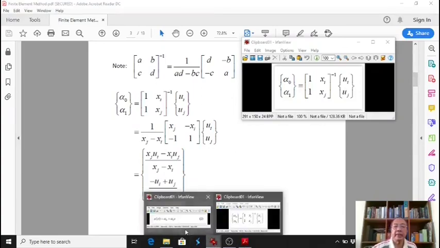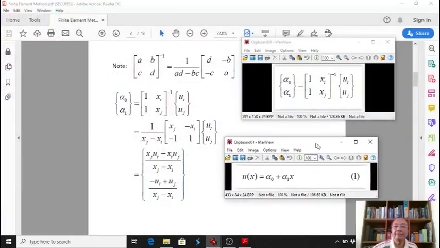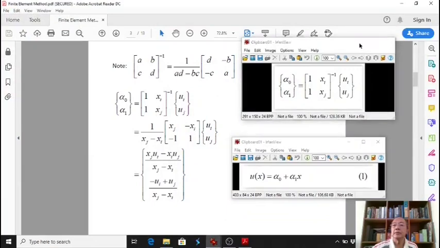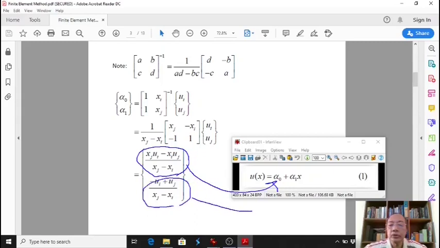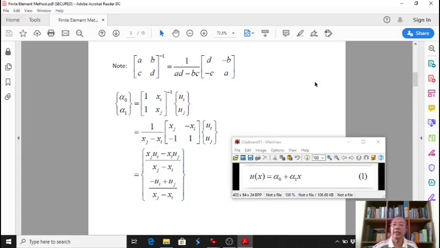Okay, so this is equation 1. Once we substitute, this is alpha 0, we substitute to this alpha 0, and this is alpha 1, so we substitute to this. Okay, so now we go to the next slide.